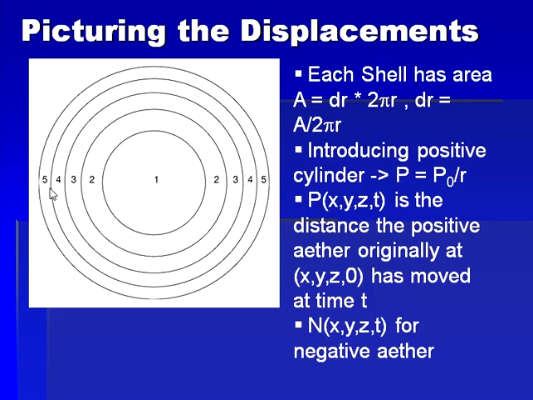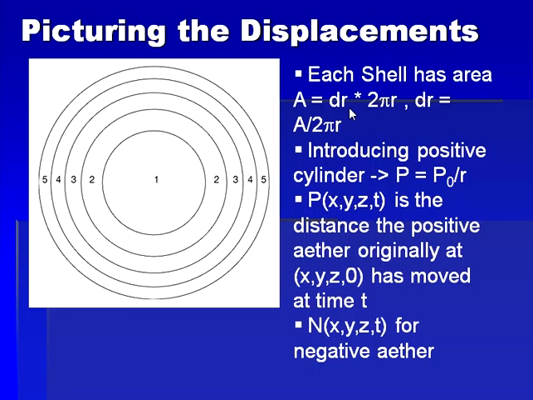So the vector n will still be everywhere 0 as a result of adding the detached positive ether. But the vector p is now no longer 0, and in this case the vector p is inversely proportional to the distance from the center of the cylinder once we are outside of that cylinder. This result comes from the fact that each cylinder has the same area.